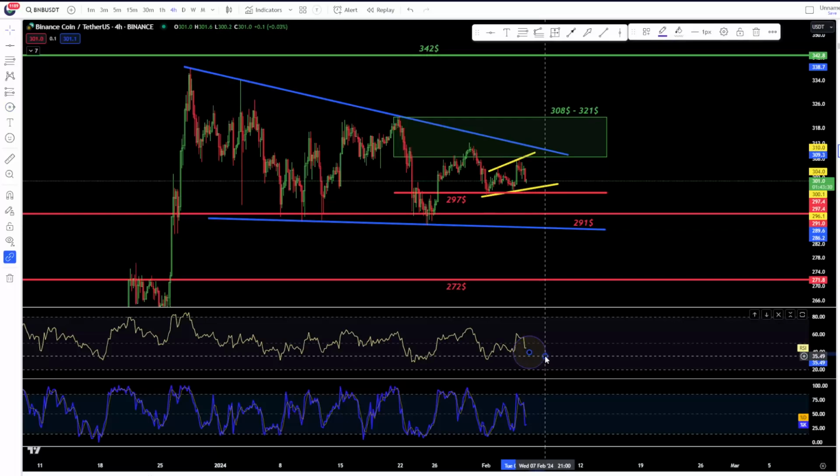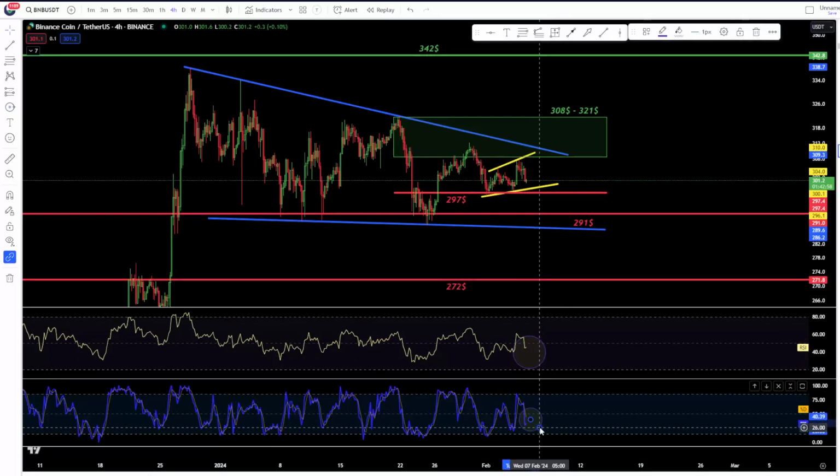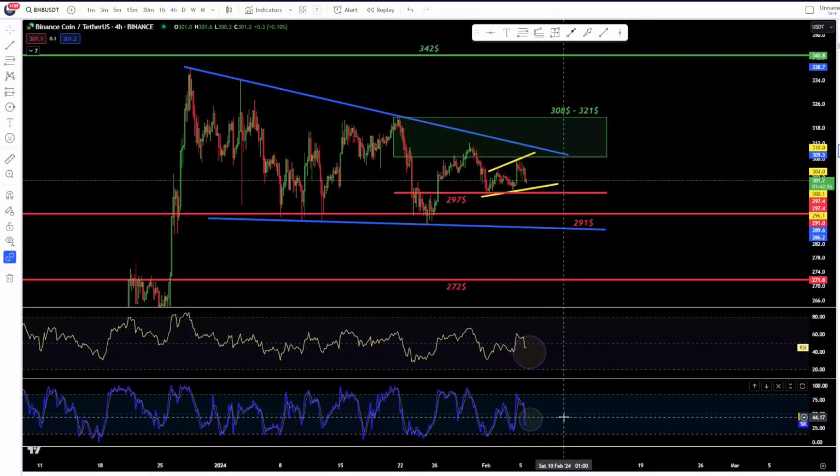When we look at the RSI indicator, we will see that, similarly to the stochastic indicator, we are near the middle of the range, with room for a potential deepening of the correction.